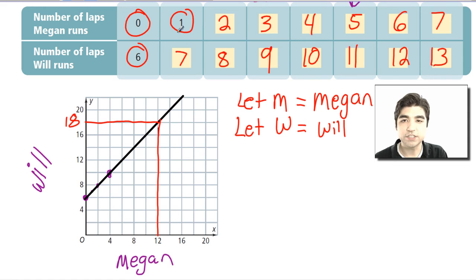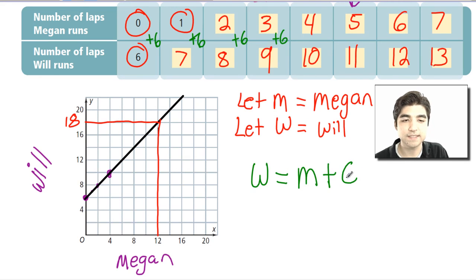We need the relationship between these two. If we look at our table, we see that if Megan runs 0, then Will is 6 more than that. 6 plus 6, plus 6, you see the pattern, plus 6. There's always a 6 difference between them. So the number of laps that Will ran equals Megan's laps plus 6, W = M + 6. That's how you would write it as an equation.